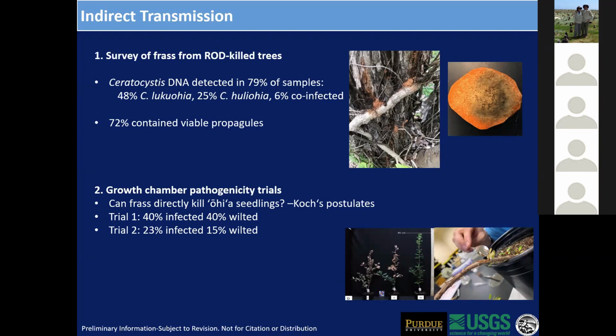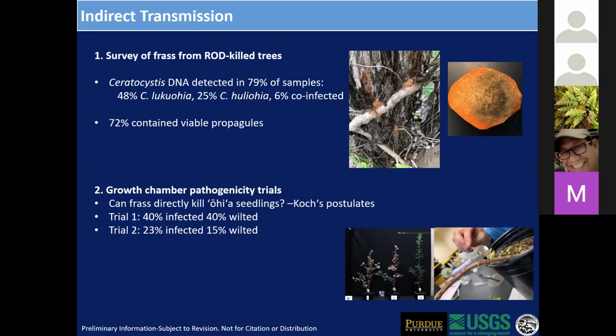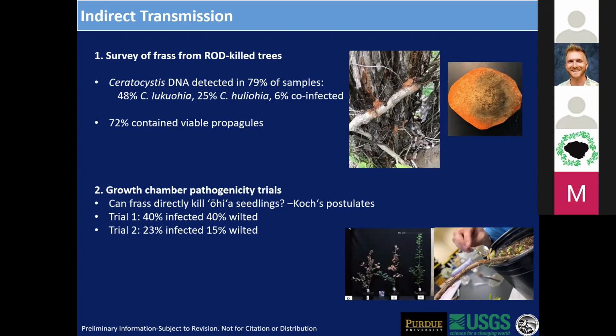And in the second part of the study, where we're really completing Koch's postulates, we wanted to know if frass can directly kill ohia seedlings. We conducted 2 different trials where we took frass and inoculated seedlings with it, so you can see pictured here. In the first trial, 40% of the ohia seedlings that were inoculated with Ceratocystis were infected with the fungus, and those same seedlings also exhibited outward wilt symptoms.